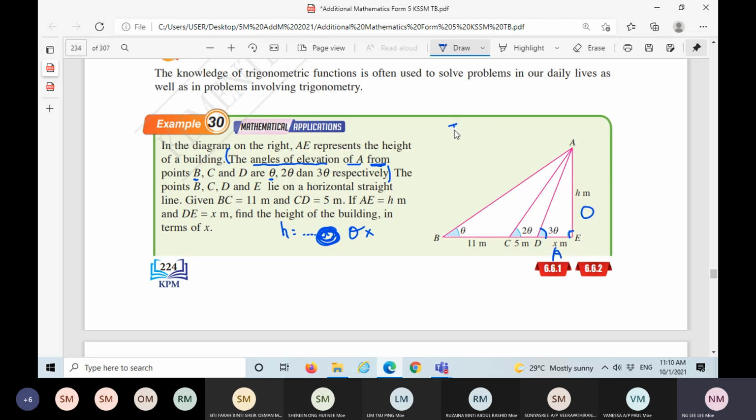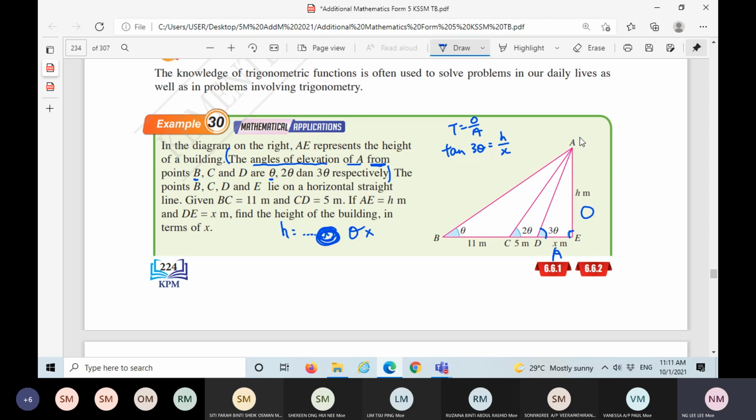So I'm using O over A. Therefore the first equation that I can write is tan 3 theta equals O over A. O is H, A is X. You can see a little bit already. I have the H and the X, but remember, I don't want the theta. So slowly you have to get rid of this theta.